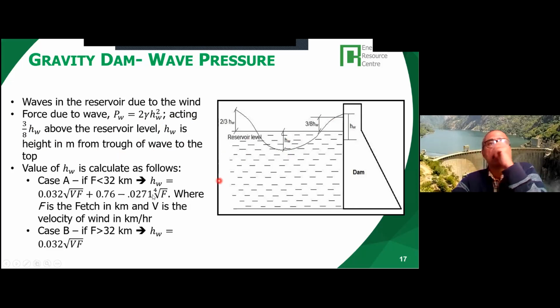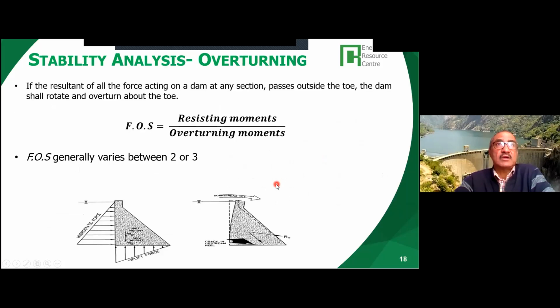The value of H is calculated in this way, and these are the formulas given. This has to be calculated too, because when you have very high wind and the waves generated, it can be a major load on the dams also. Okay, these are the loads.